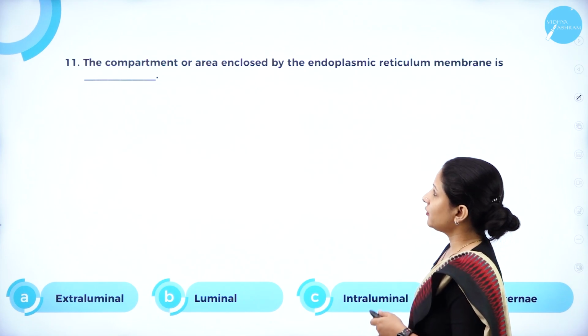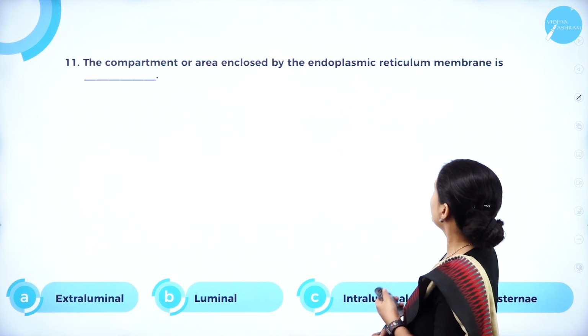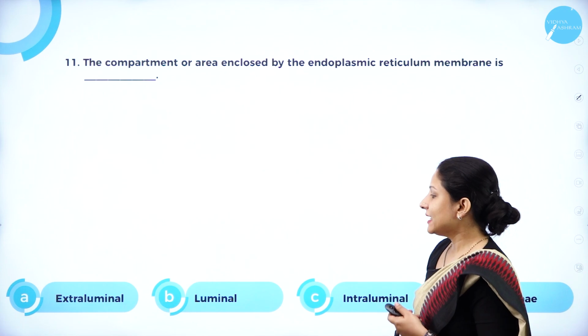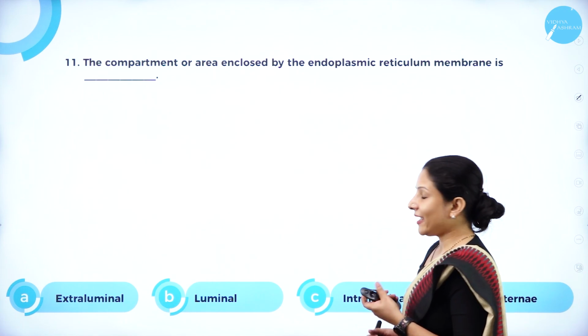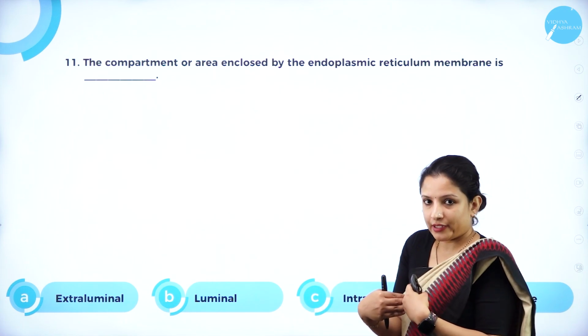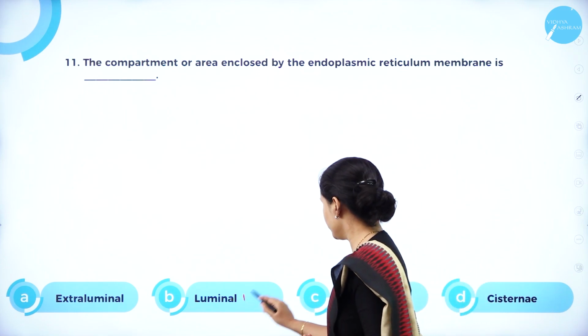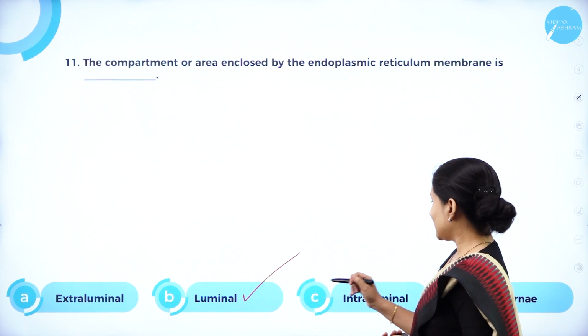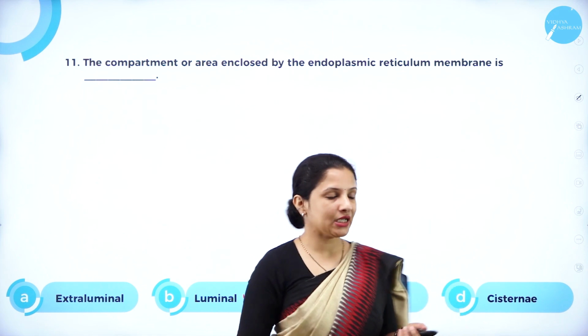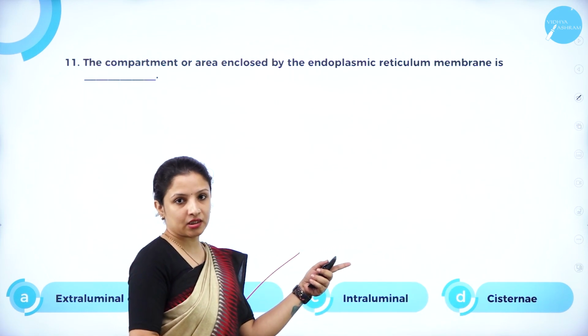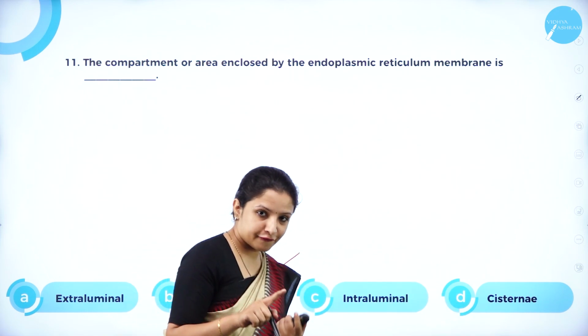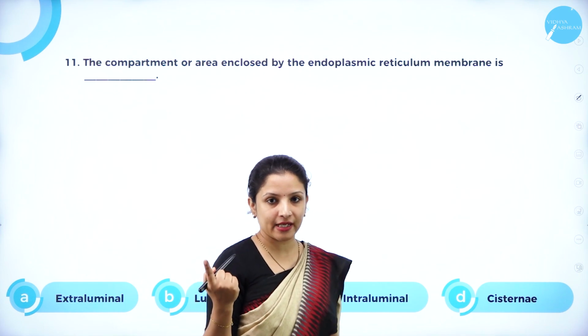Next, the compartment or area enclosed by the endoplasmic reticular membrane is extraluminal? Enclosed means within. So, it is luminal. Don't get confused with intra and cisternae. Cisternae are also foldings, but you find them in Golgi apparatus, okay?